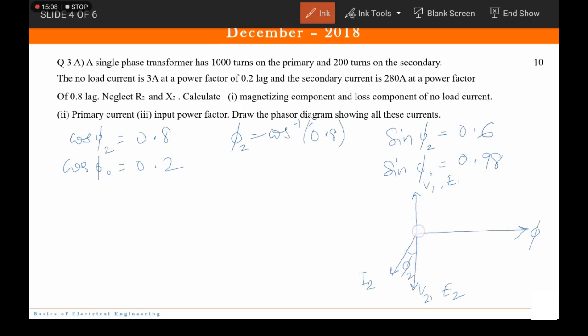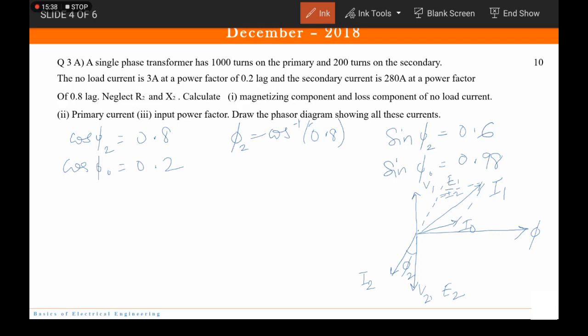We are extending this current here, so this becomes minus I2. Somewhere here is my I0, the no load current. I have to take the resultant of this in order to find the resultant current.